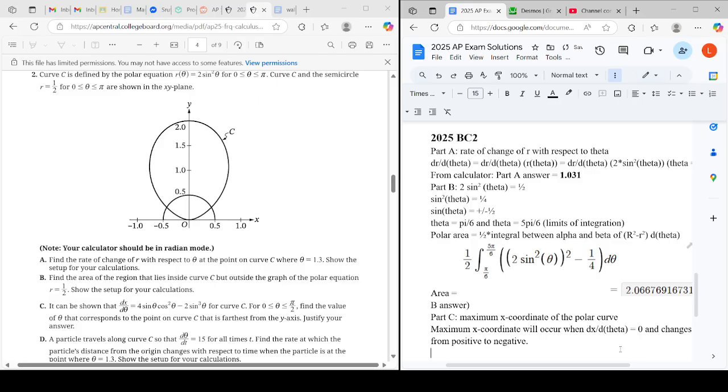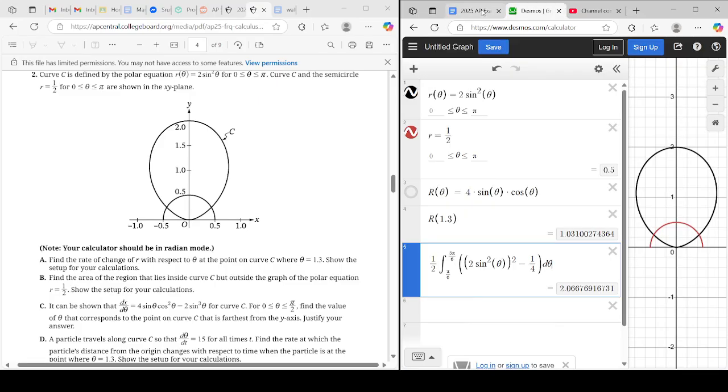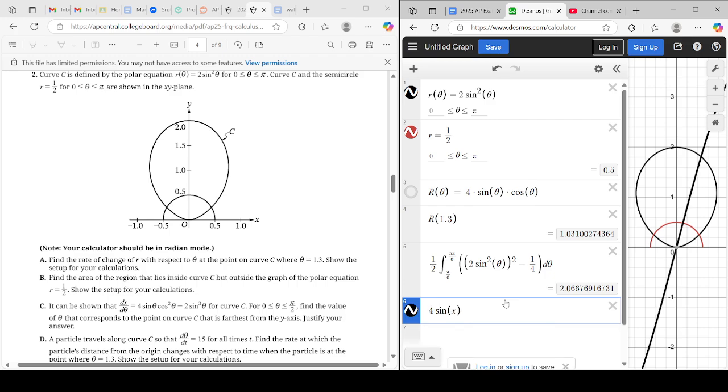So now we're going to plug in our dx over d theta. We're just going to do 4 sine x cosine squared x minus 2 sine cubed x.